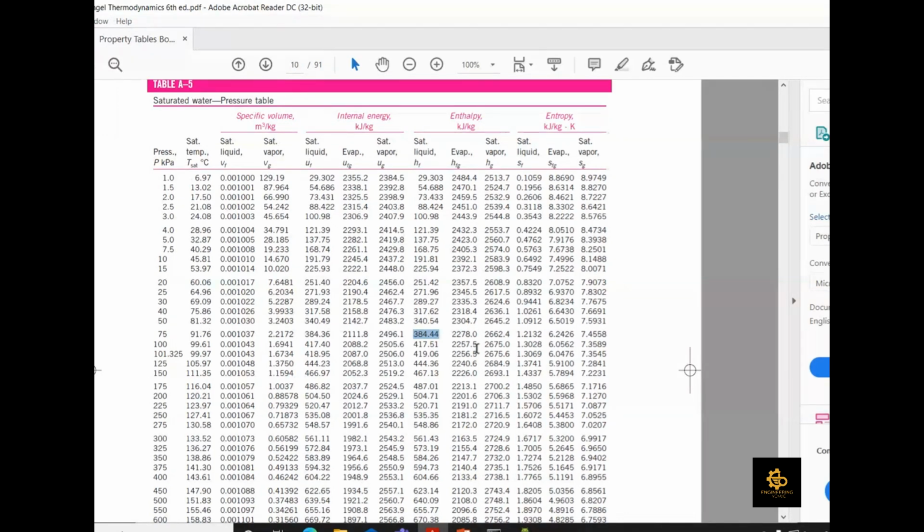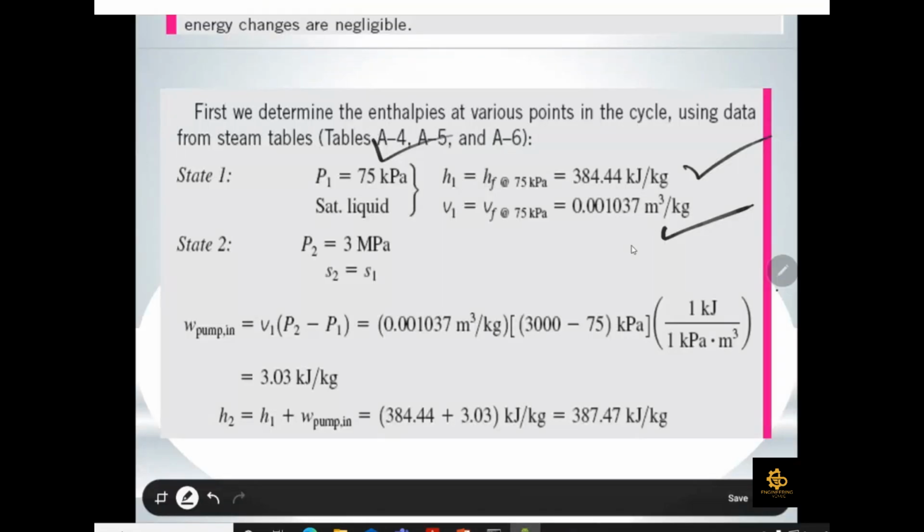Specific volume at 1 is equal to the saturated liquid specific volume, which is your vf value, 0.001037. So your specific volume at 1 is also known to you. So h1 and v1 are known to you from your thermodynamics table.